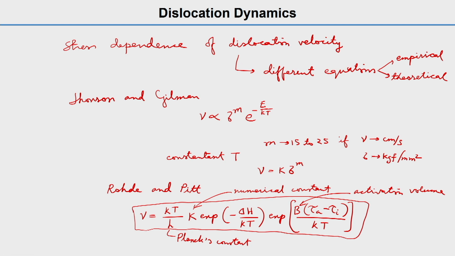If you are interested, you can study Meyers' book, the textbook. So just to show you that some kind of relation exists between dislocation velocity and applied stress, and what type of relations they are. Please refer to the book if you are more interested.